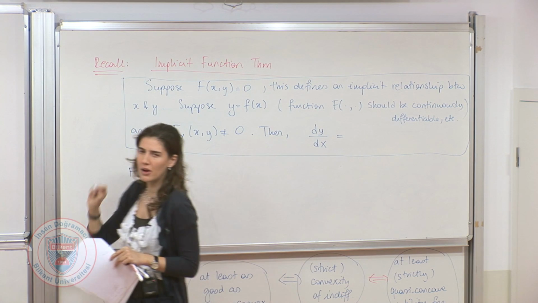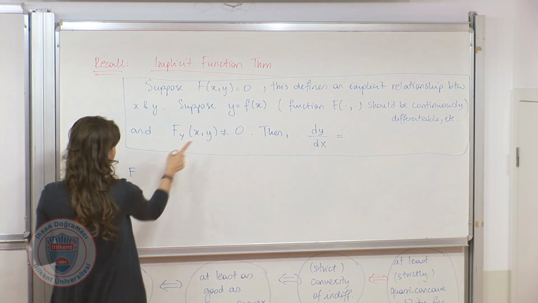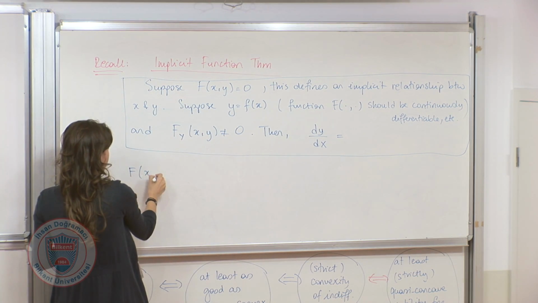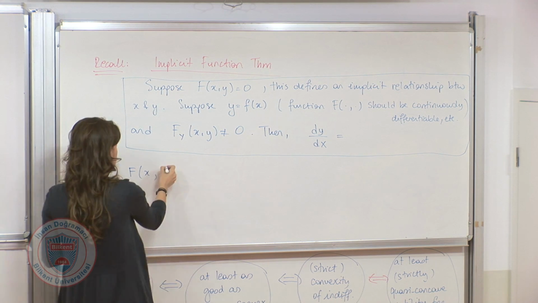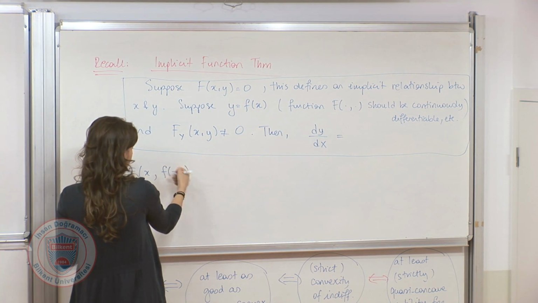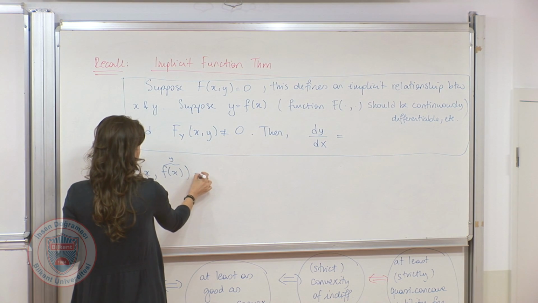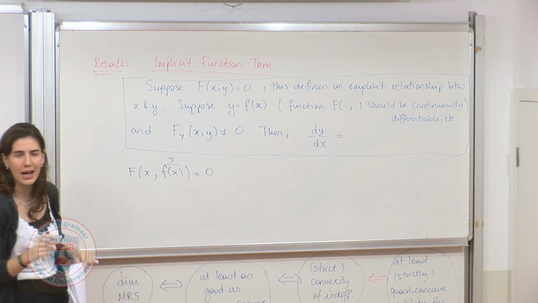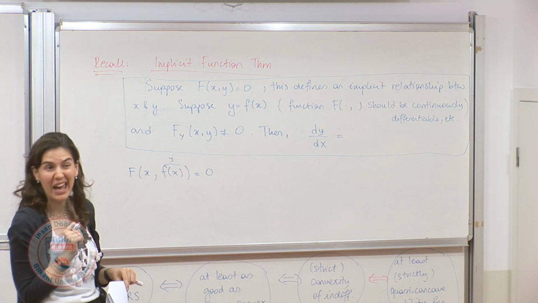You see, it's not hard. Write f of x, and instead of y, I write f of x, so this is y, equals 0. Then I totally differentiate with respect to x.